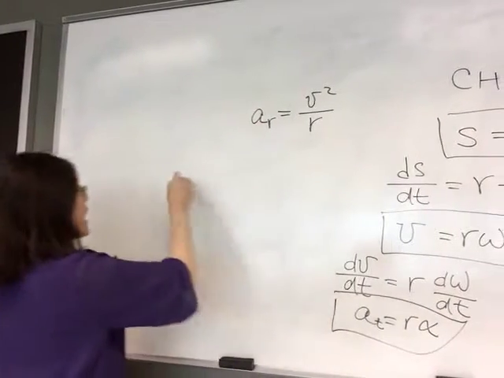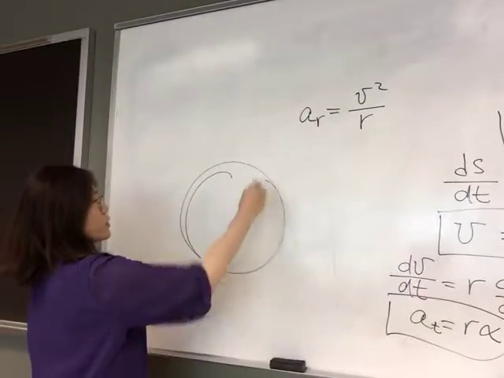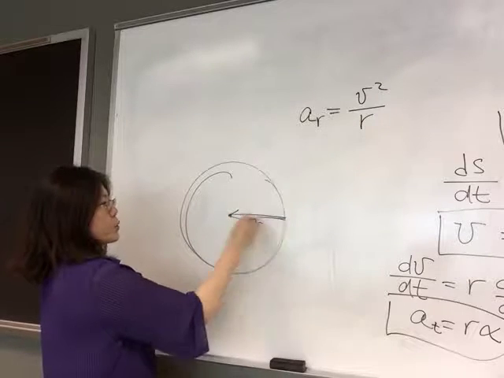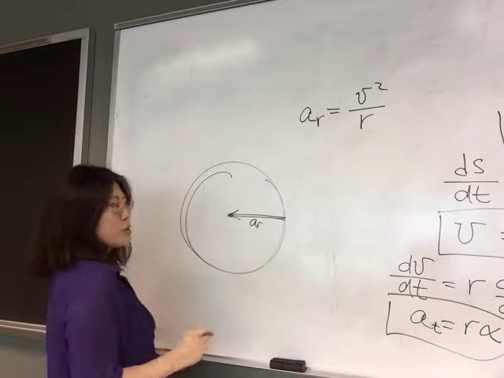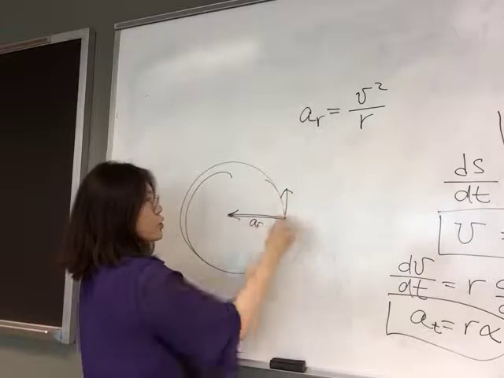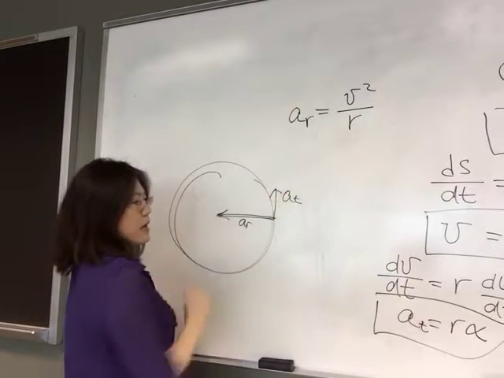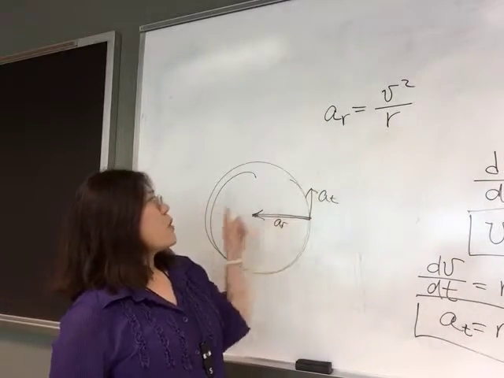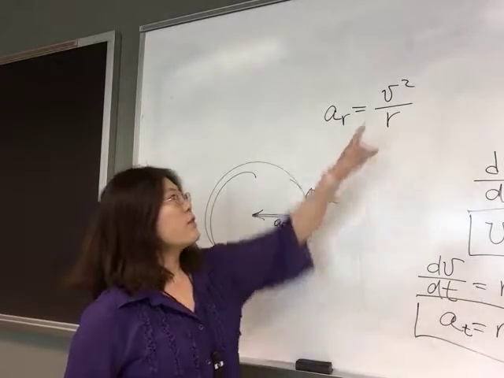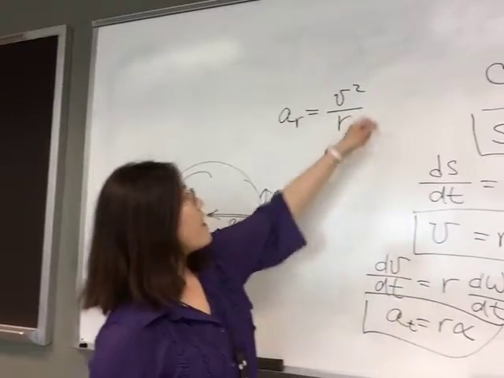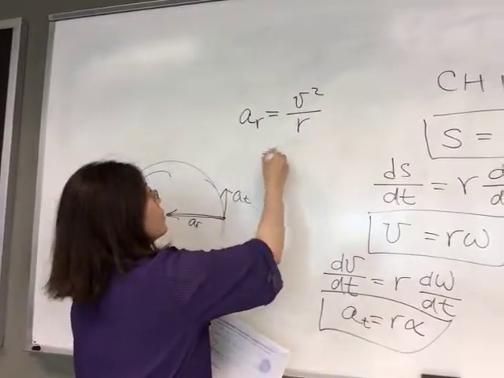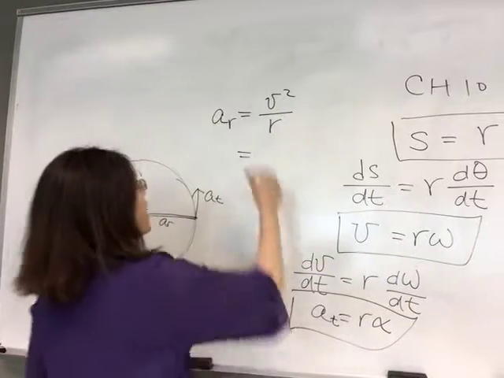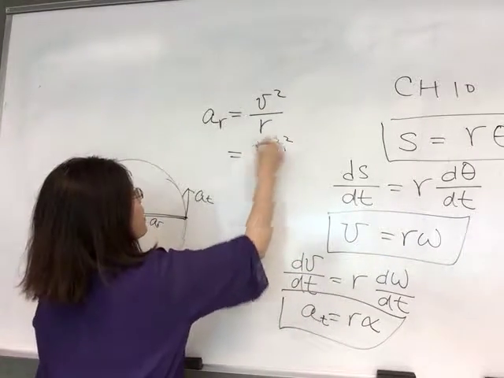So in other words, when you have an object that's moving in this direction, you have the radial part that's toward the center, which is what we call the centripetal, and there's a tangential part, which is AT, and AT, of course, is alpha times r. And the radial component is v squared over r, where the v here is the same v. So you can replace your v with that expression to see what we get. So we have r squared omega squared over r.